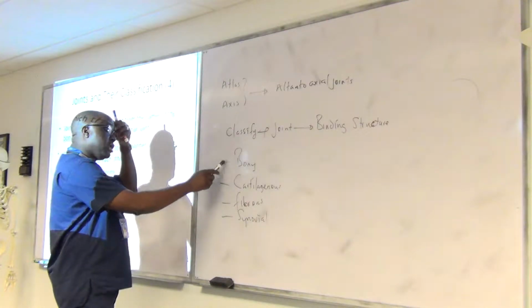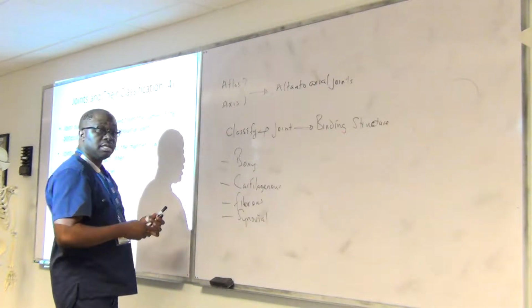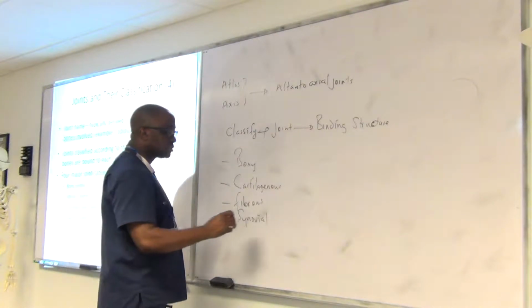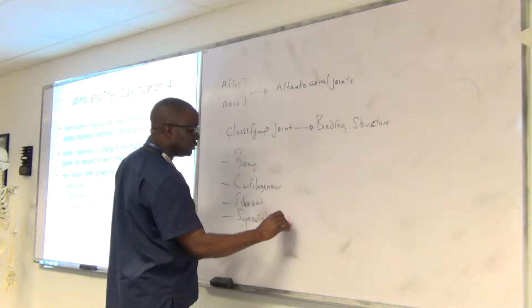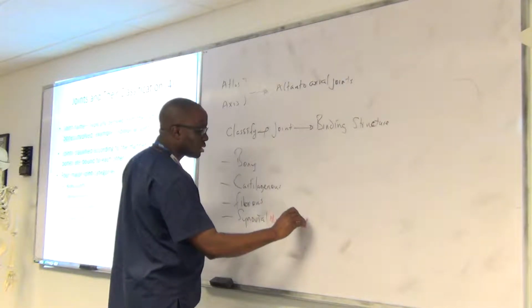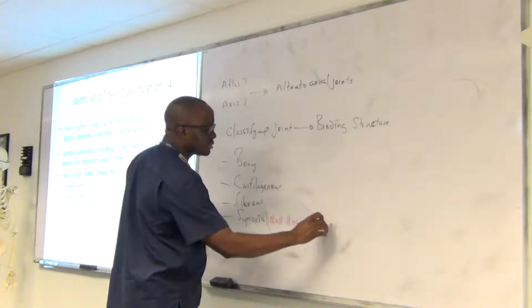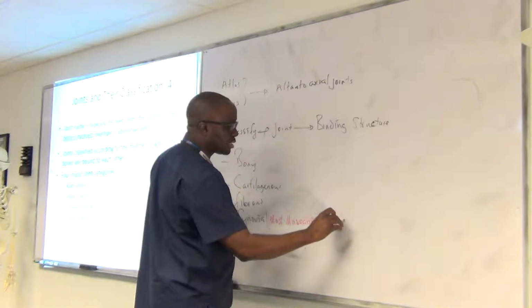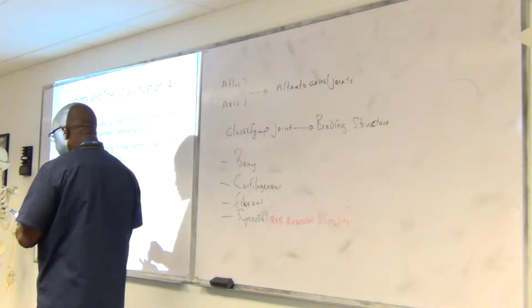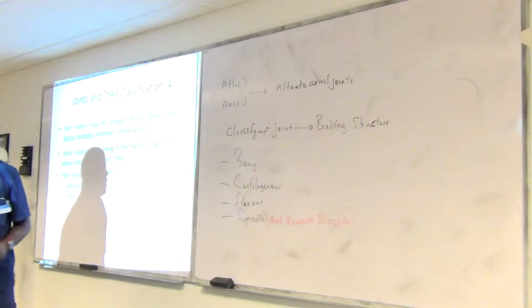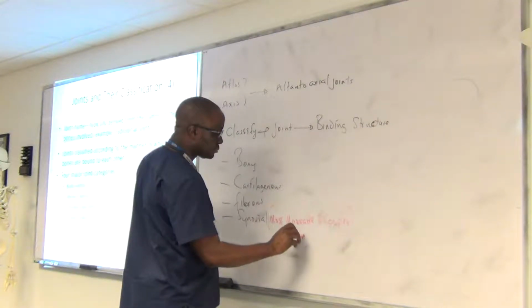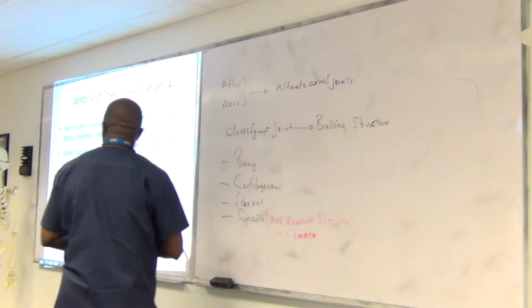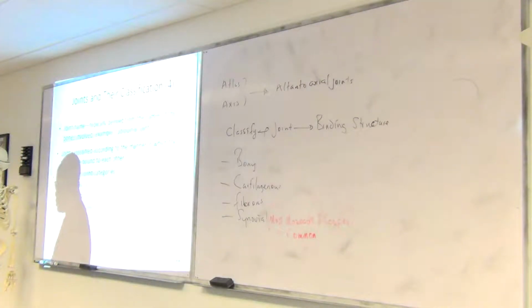Out of these, the most movable, complex, and typically common joints are the synovial ones, because we have a whole lot of movements in our body.